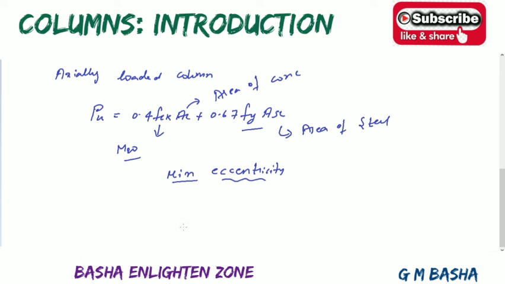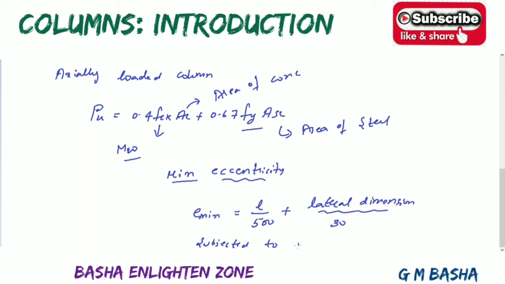E minimum is equal to L by 500 plus lateral dimension by 30, subject to a minimum of 20 mm, where L is the unsupported length.